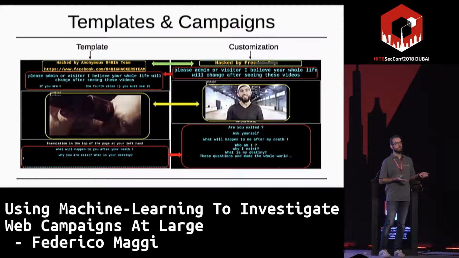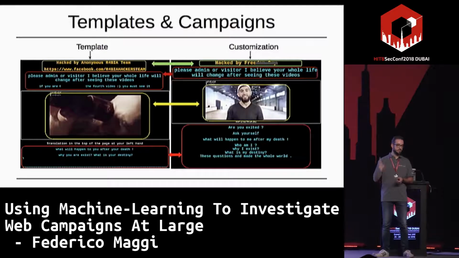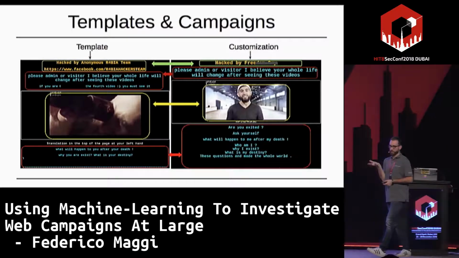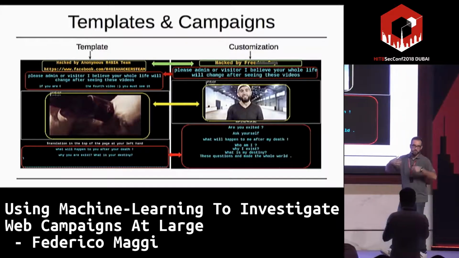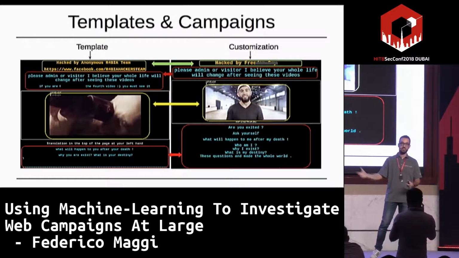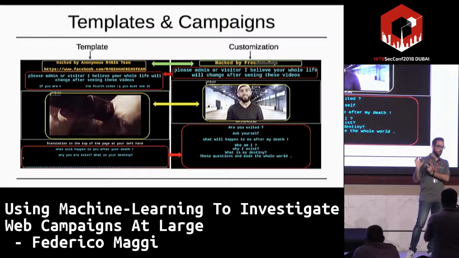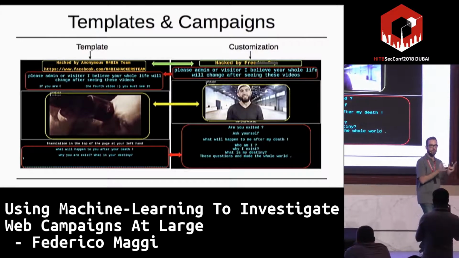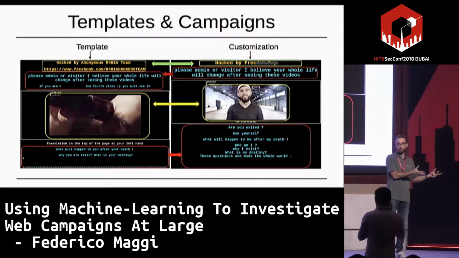You say, why do you think the left one is a template and not the other way around? Well, because if you look at the team name at the top, you see it's Anonymous. So our guess is that this template has been introduced or used heavily by Anonymous, and the guy on the right has taken that page, that template from Anonymous, and used it to show off what he did on another web page.